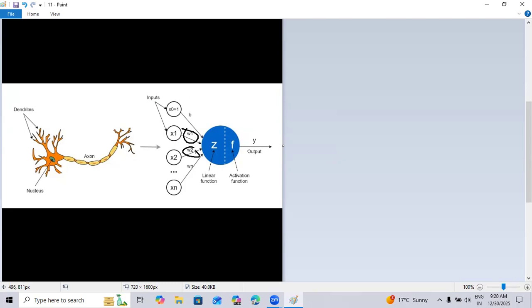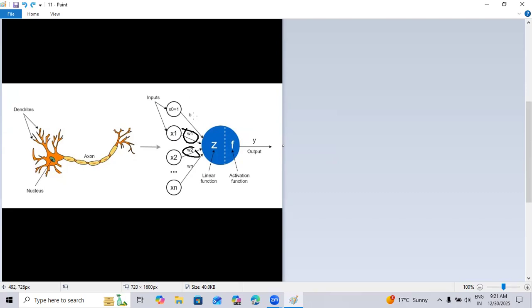Bias is the third part. The activation function is nothing but the decision maker.